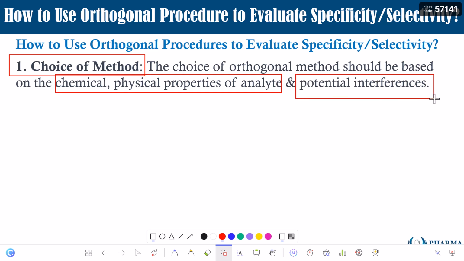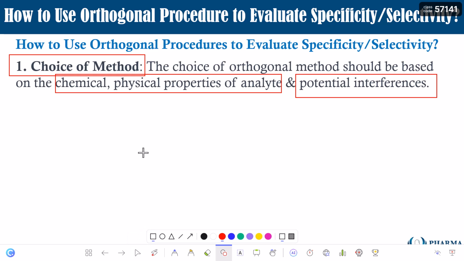Whatever orthogonal method I select must be suitable for analyzing my analyte in terms of its physical and chemical properties, and it must have the capacity to selectively or specifically avoid that potential interference. So this is a very important point while selecting your orthogonal test procedure.